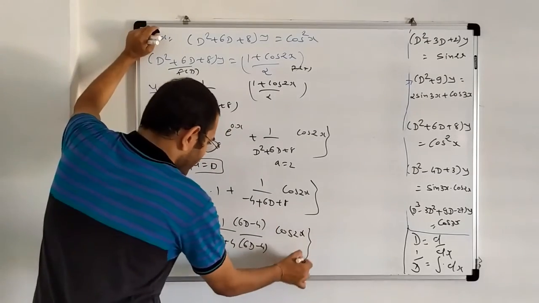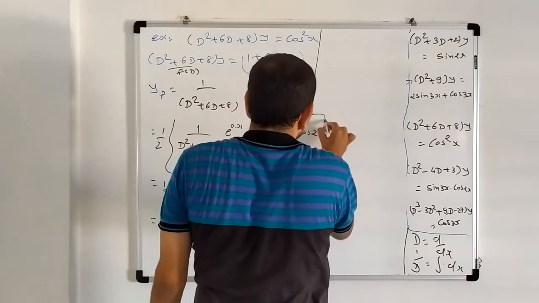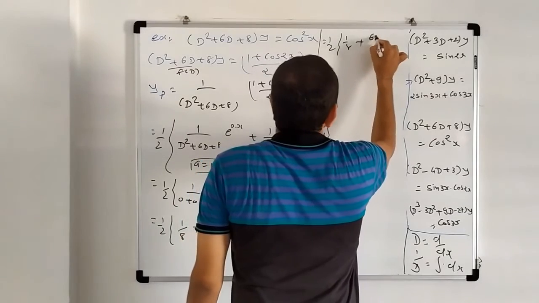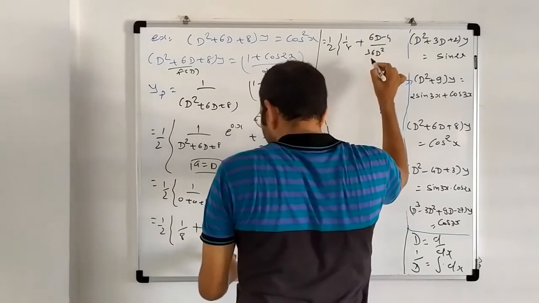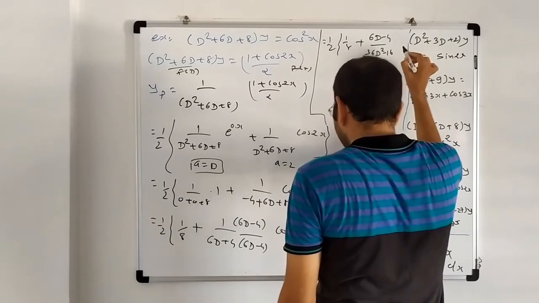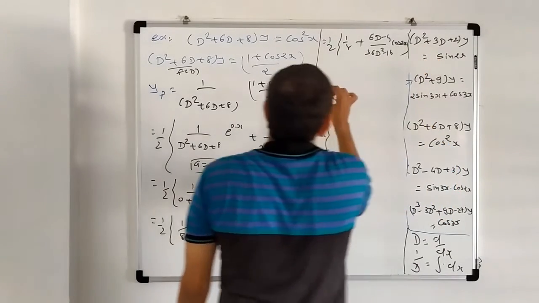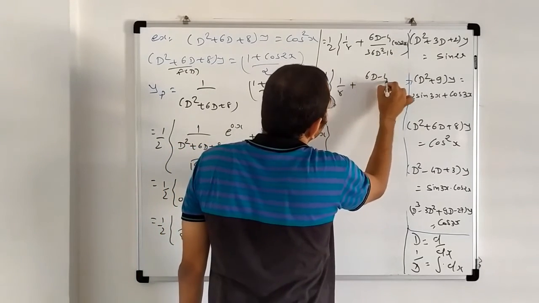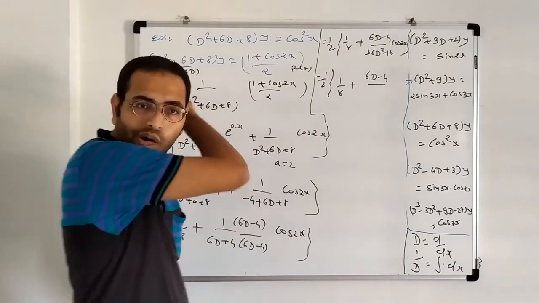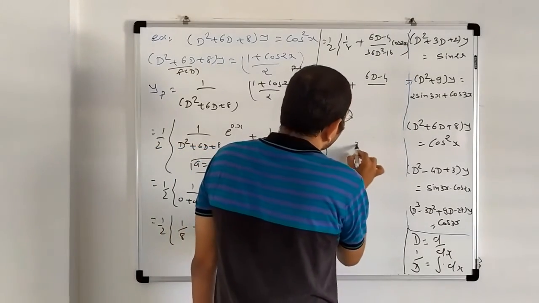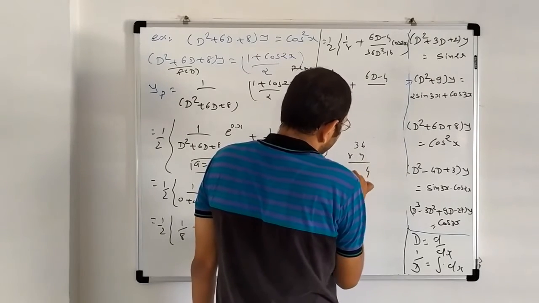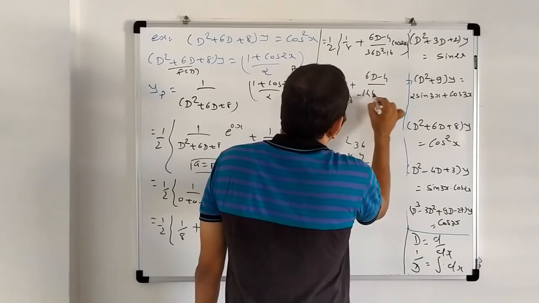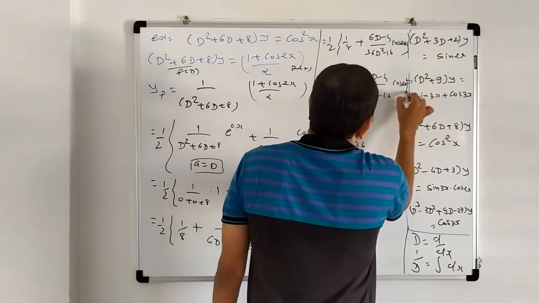Then apply the conjugate. Here 1 by 2, 1 by 8 plus (6D minus 4), denominator portion 36D square minus 16, into cos 2x. Then 1 by 2, 1 by 8 plus (6D minus 4) as it is, D square equal to minus 4, then 36 times 4, that is 144, minus 16, into cos 2x.